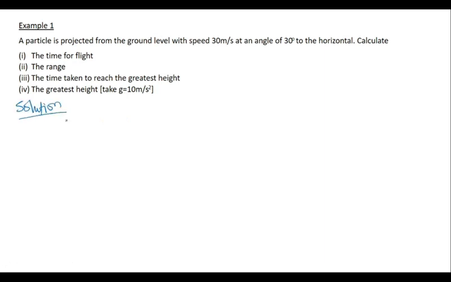So first of all, we need to draw the diagram or try to picture what the question is trying to tell us before we go on. They said a particle is projected from the ground level with this speed at an angle of 30. So if we draw our plane, it means the particle was thrown with a velocity of 30 meters per second. So this is our uy, our ux.